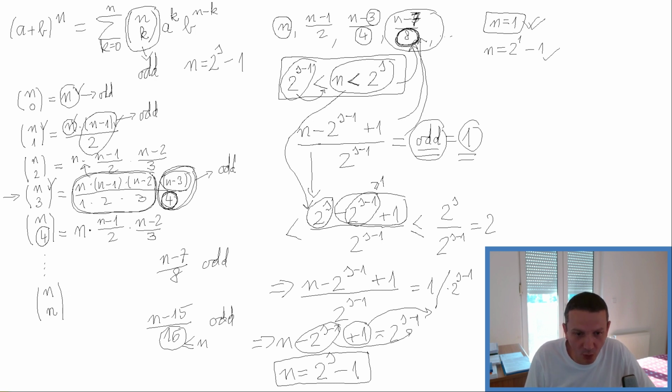We proved that if all coefficients in the binomial are odd, then n should be this guy here, 2 to the power of s minus 1. Now we are going to prove the opposite claim, that if n is equal to 2 to the power of s minus 1, then all binomial coefficients should be odd.